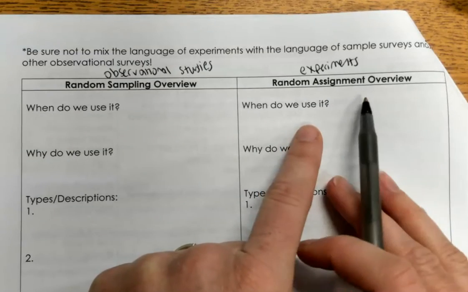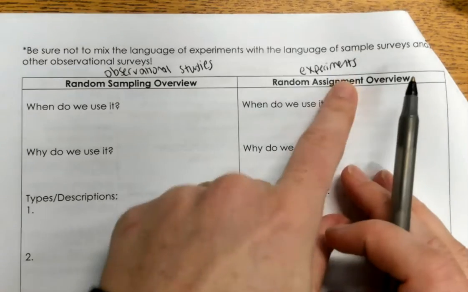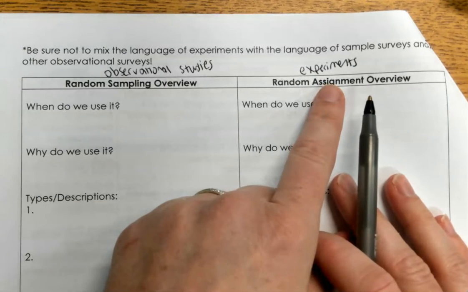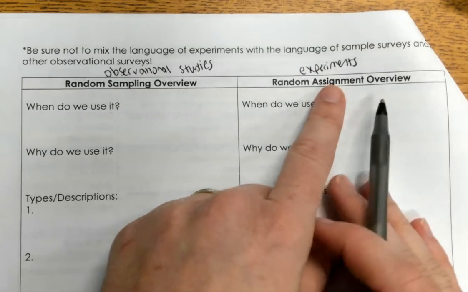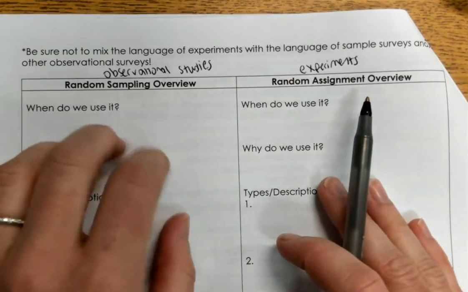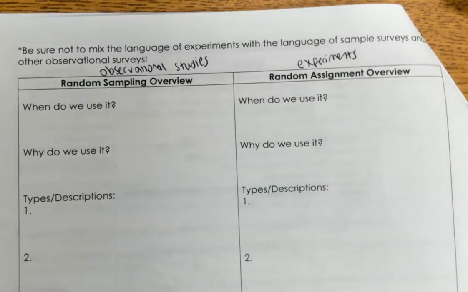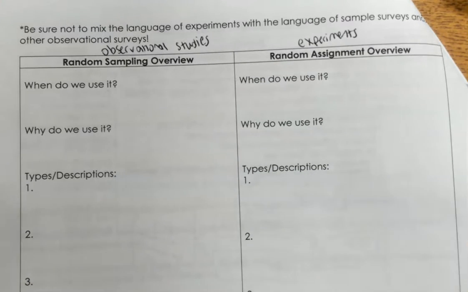In an ideal world, random sampling would go with experiments as well, but with experiments, you can't randomly sample the population and tell them they must participate in your experiment. We're not all like Dr. Frankenstein over here. So typically, random sampling goes with observational studies, and then random assignment with experiments. And we'll talk more about that in Packet 5, our last packet with this unit.